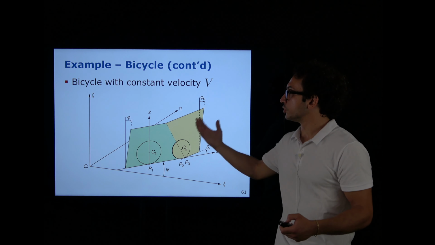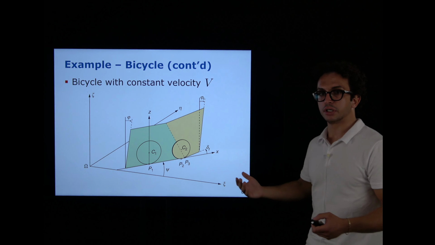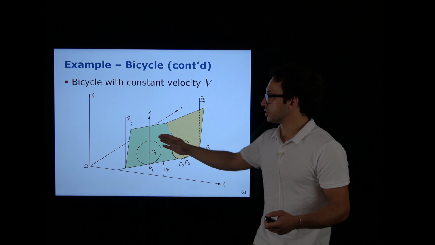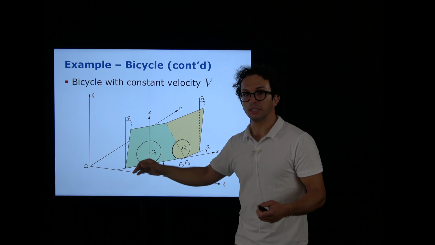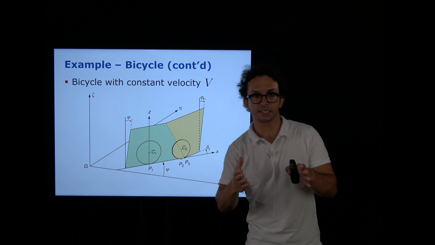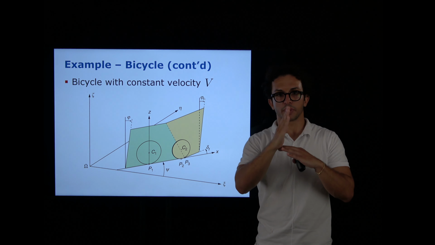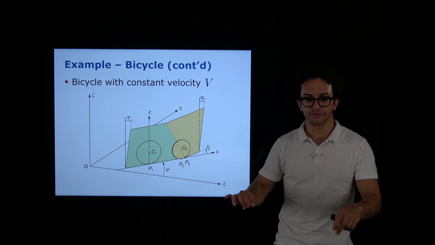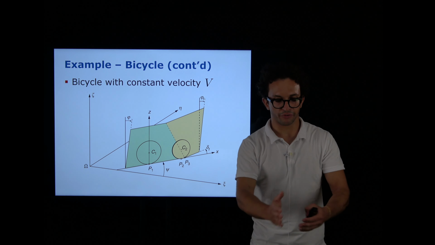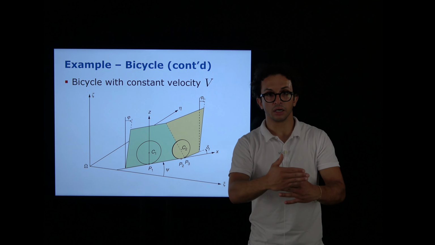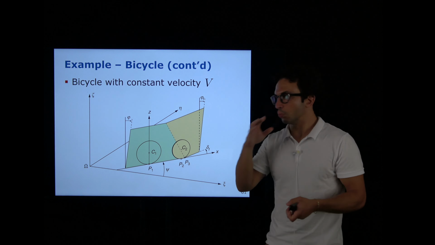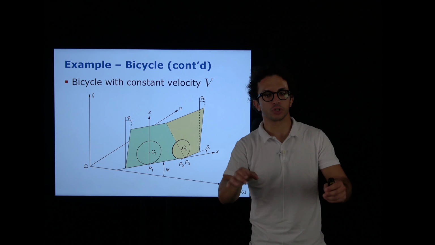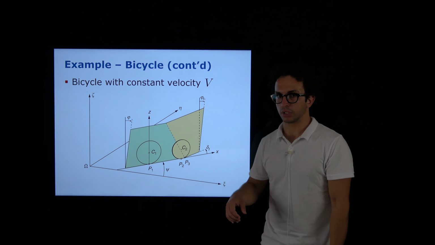This is again the 3D view of the bicycle with the relevant angles. I repeat the angles for clarity. We have the tilting angle phi, which is basically how much the bicycle is tilting with respect to the vertical axis. Then we have delta F, the steering angle. So the front wheel, how much is steering, which is usually an input or is the direct consequence of the input torque that you're giving to the handlebar.